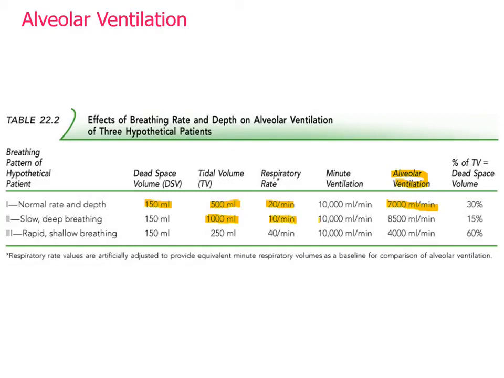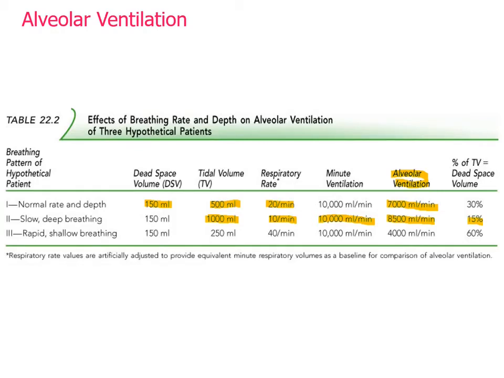Then what you get is the exact same minute ventilation, how much total air is going in and out of their mouth. But the alveolar ventilation rises to 8.5 liters per minute. That's because 1,000 minus 150 is 850, times 10 is 8,500 mLs. Okay, so the dead space percent of tidal volume when you are breathing slower and deeper is only 15%.